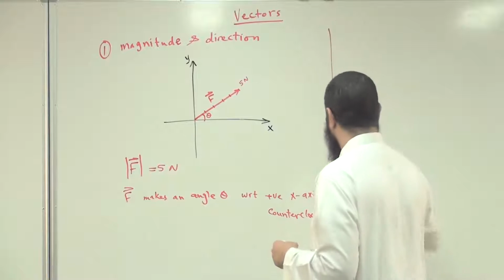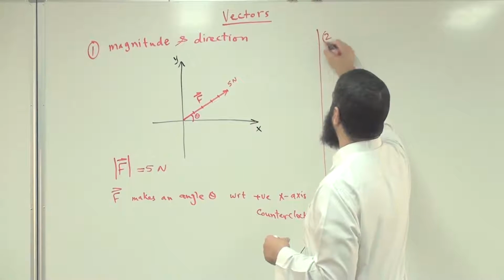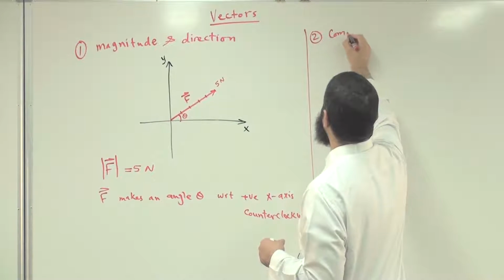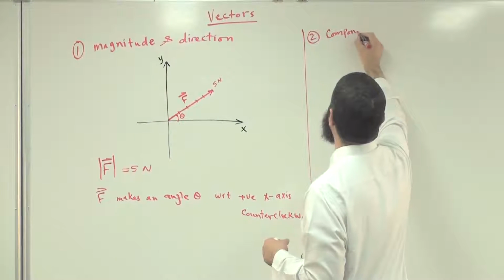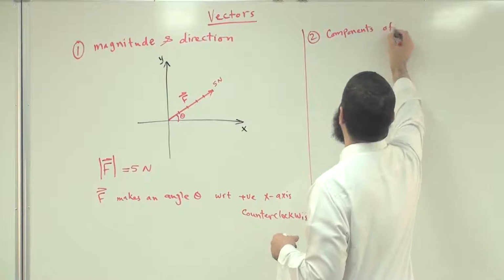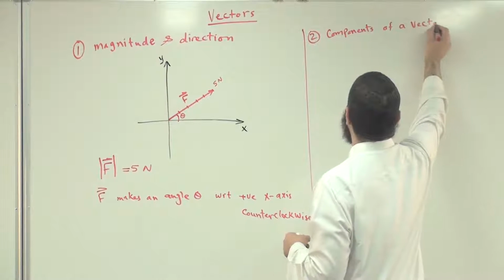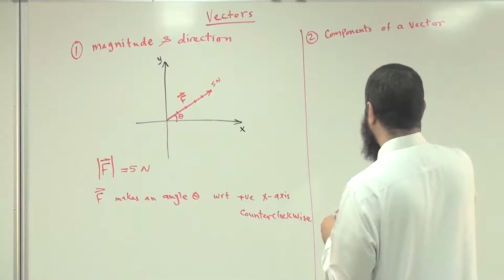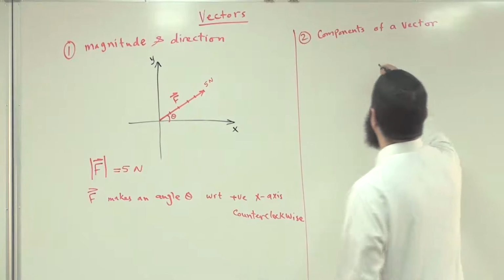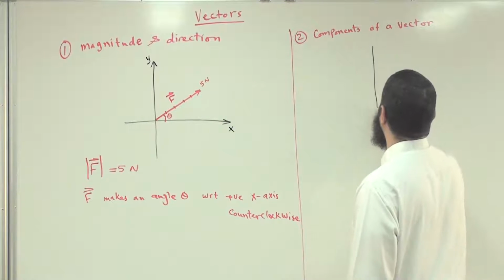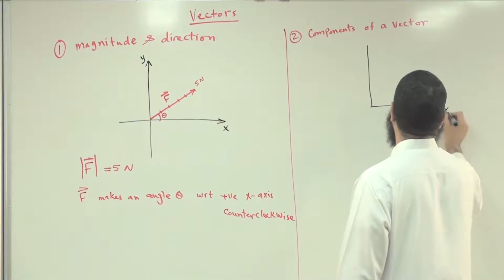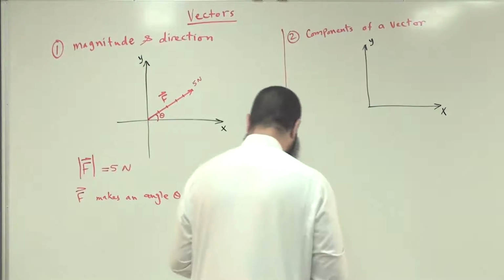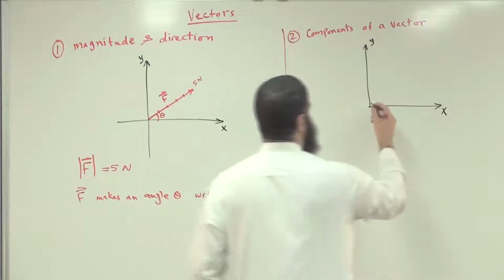The second way we represent vectors is by giving the components of a vector. So I'll take the same vector and try to give its components. This is positive x, that is positive y, and my vector F, the same vector.